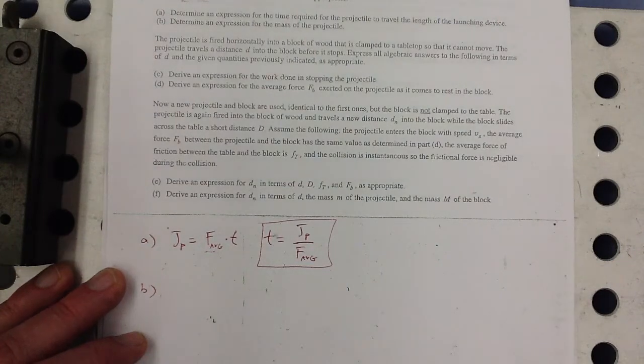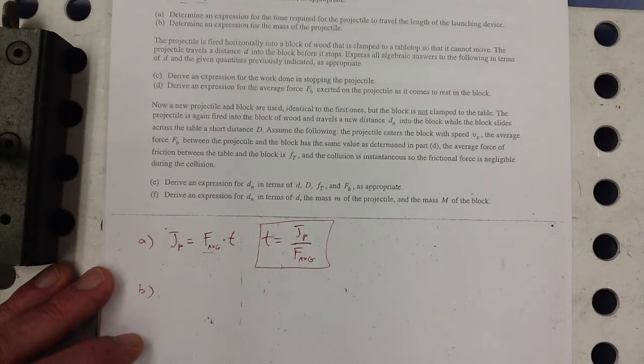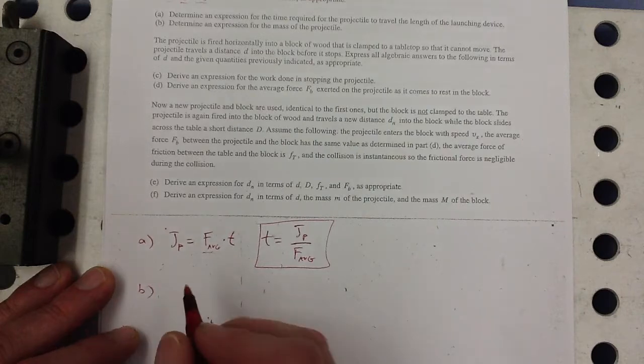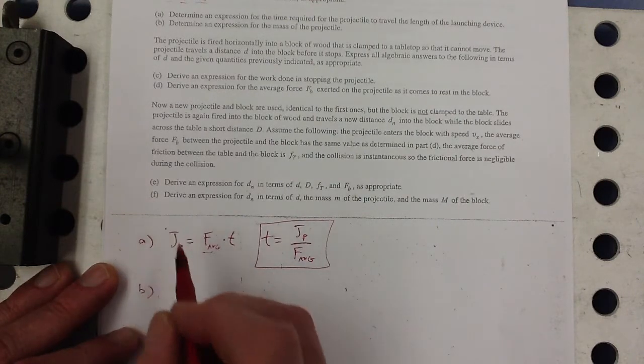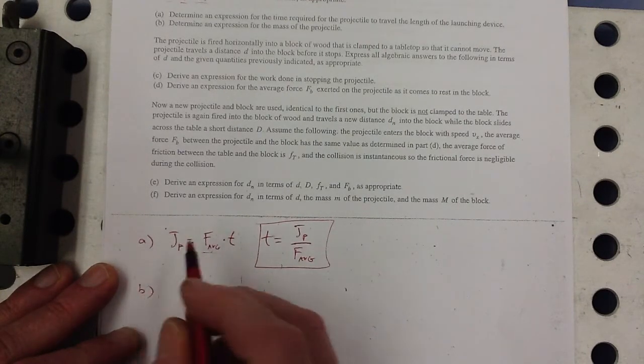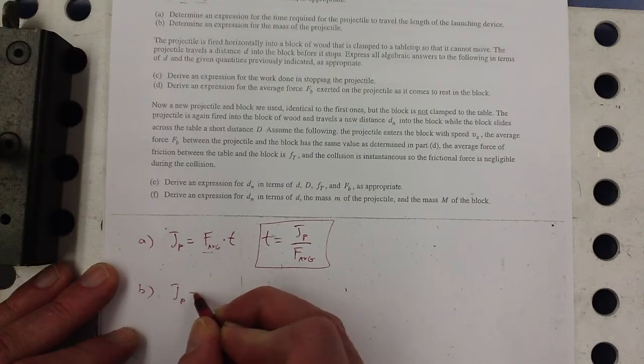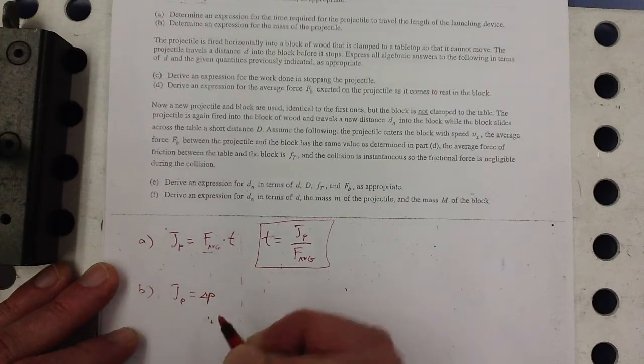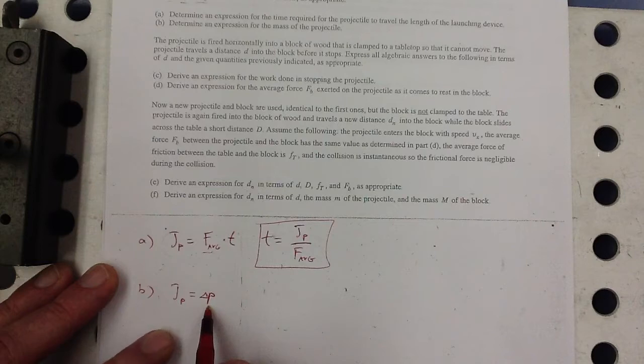Part B, determine an expression for the mass of the projectile. Well, we also know about velocity, and we know that impulse is equal to change in momentum. That's how we get the mass involved.